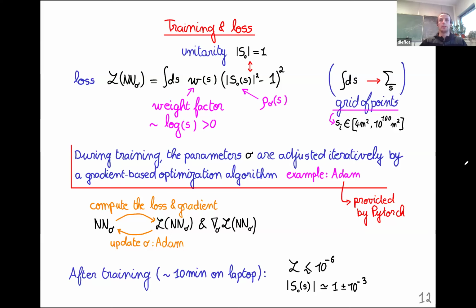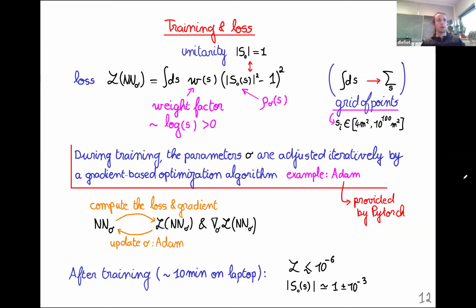This optimizer is provided by the Python library PyTorch, which is the library we used to implement our neural network, and the Adam optimizer is one of the most used optimizers to train neural networks.